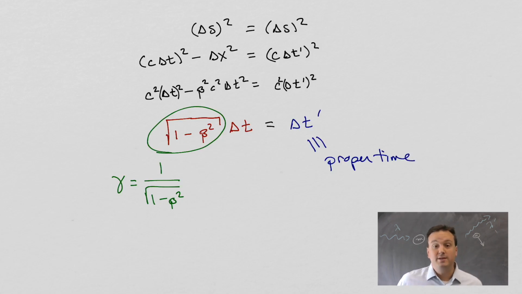And the word proper here really comes from that idea of uniqueness, right? It's the time as measured by something happening in the same place. And so we usually call it, with the Greek letter, tau. And now that time is special because, after all, it's the time you measure, right? If I'm carrying my watch with me, then I'm always measuring the proper time because my watch is always with me.